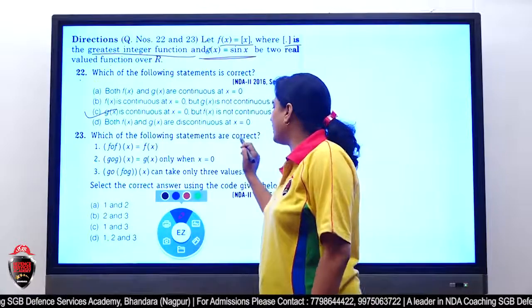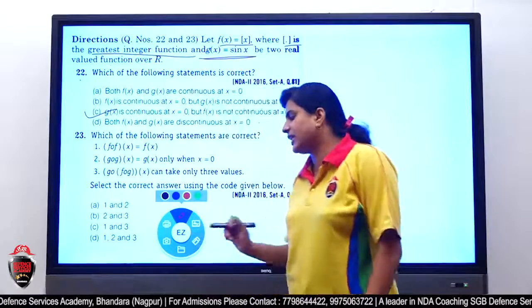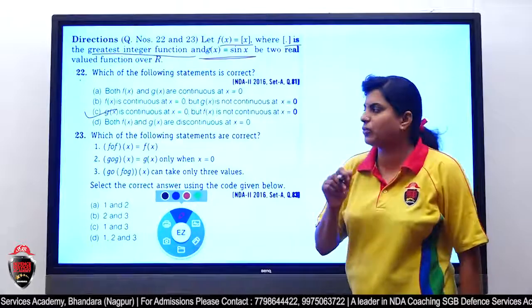Which of the following statements are correct? We have to find which of the statements given below are correct.